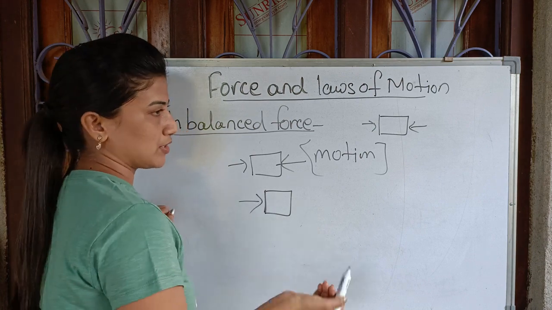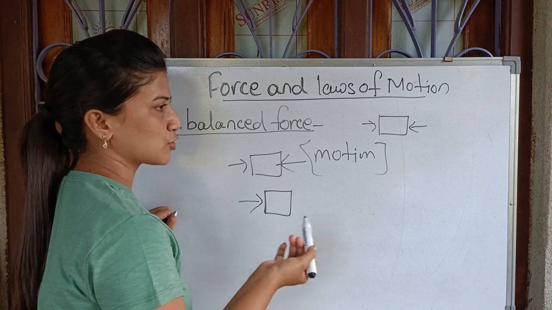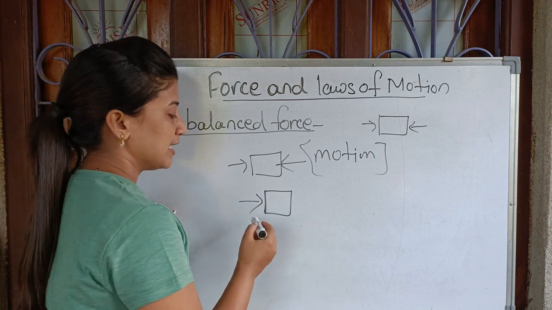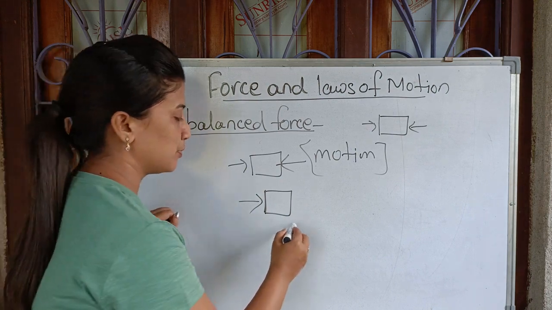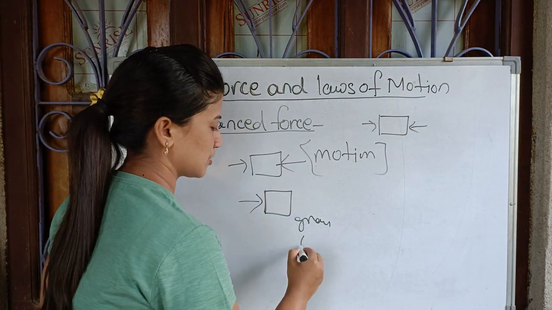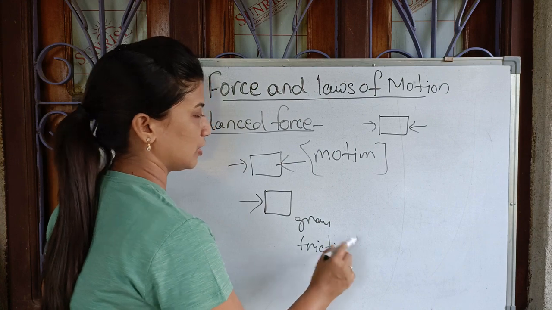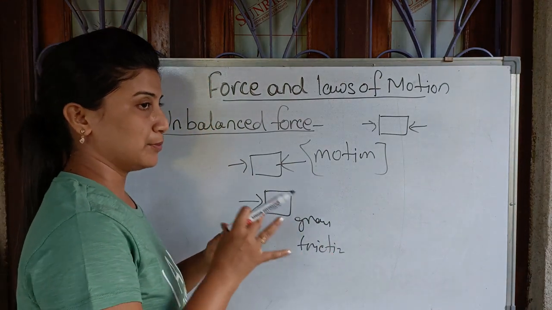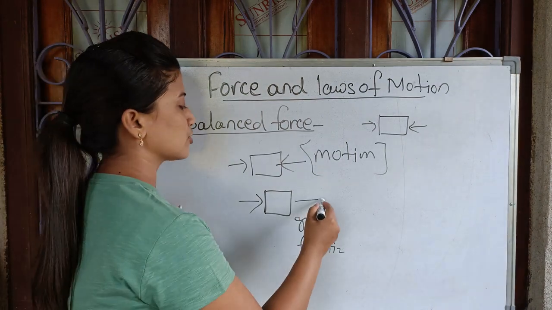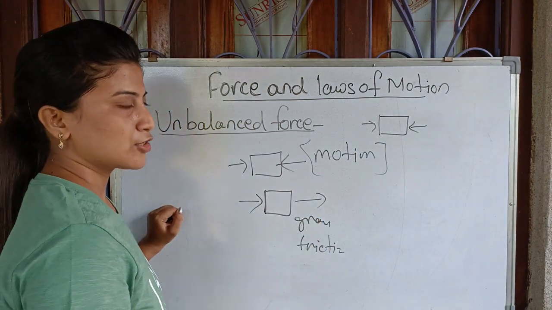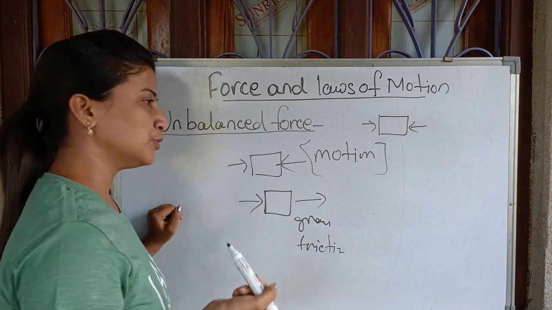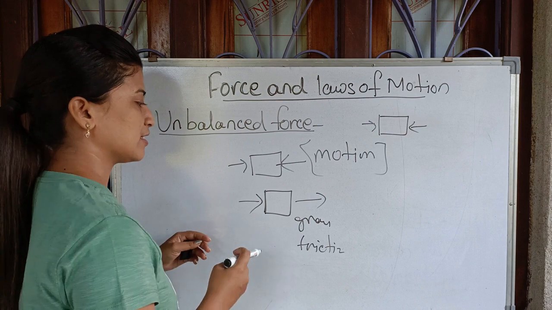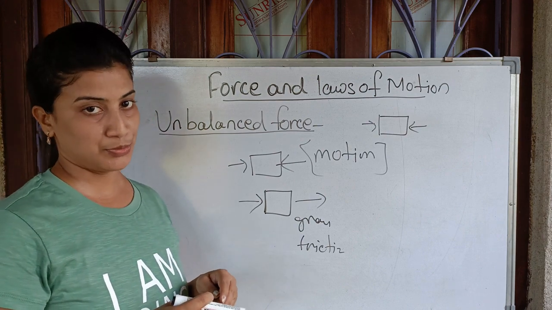But I try to apply some force on the body, and still the stone is not moving. That means the force which I am applying is getting balanced by the gravitational force and the frictional force. That's why the stone will not move at all. But there will be a point where I apply more and more force, and then suddenly the stone will start moving. When the stone starts to move, that means at that time the forces are unbalanced. That's why the stone starts moving.